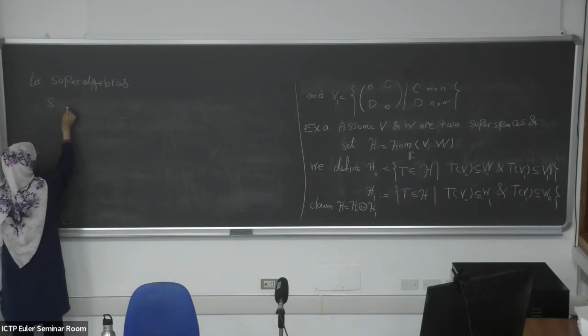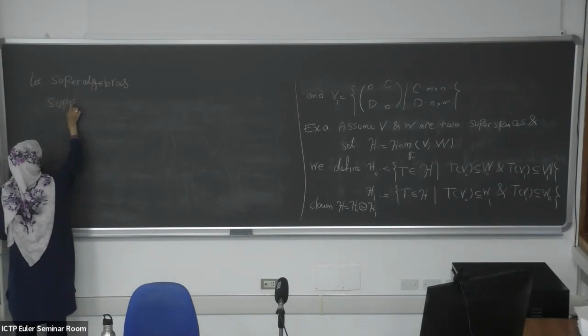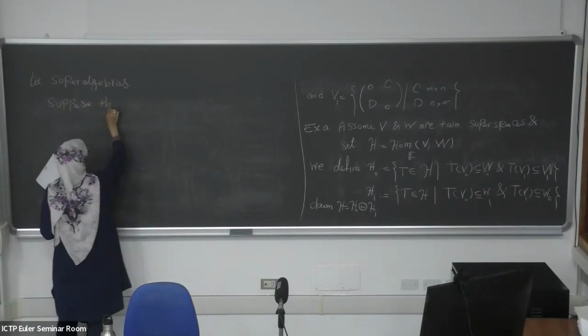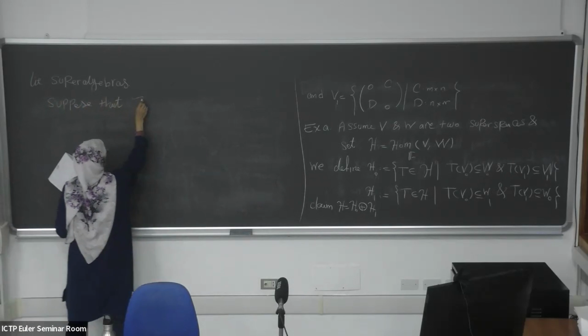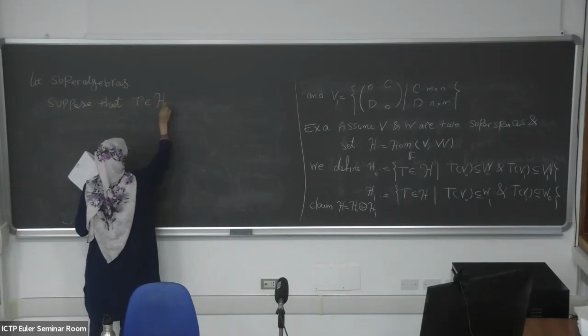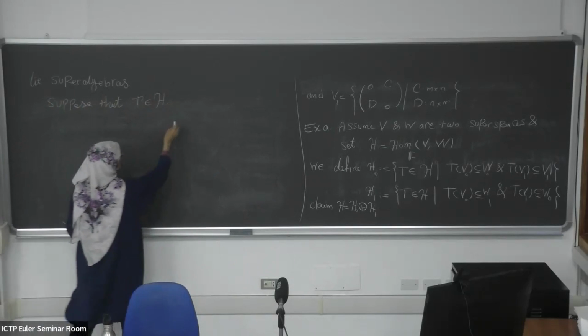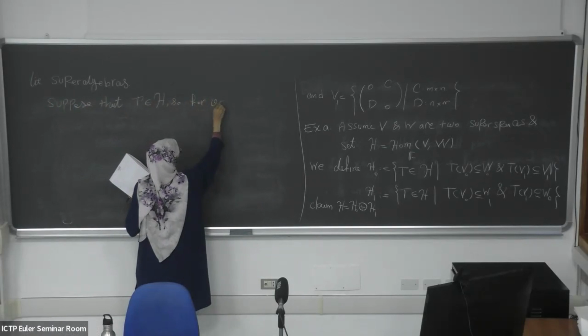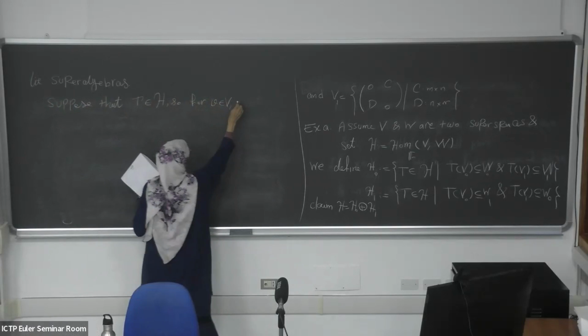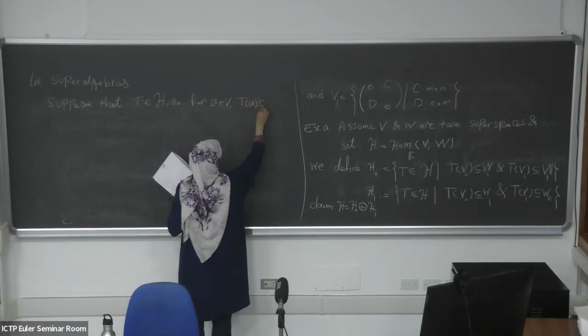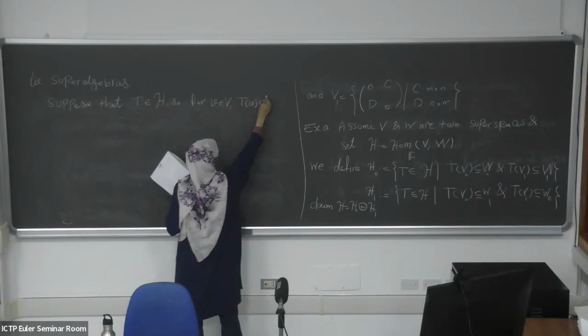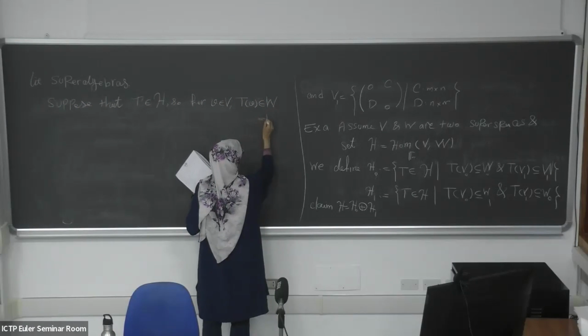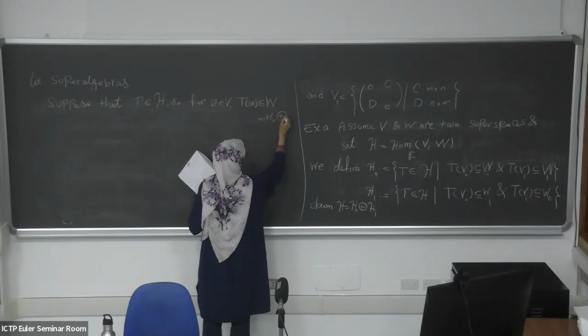To show this claim, suppose that T is an element of H. So for v belonging to V, Tv is an element of W. And W is W0 direct sum W1.